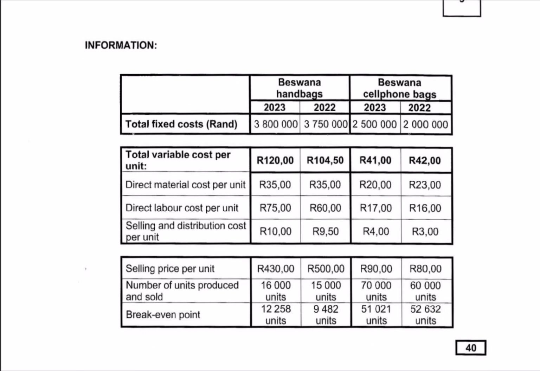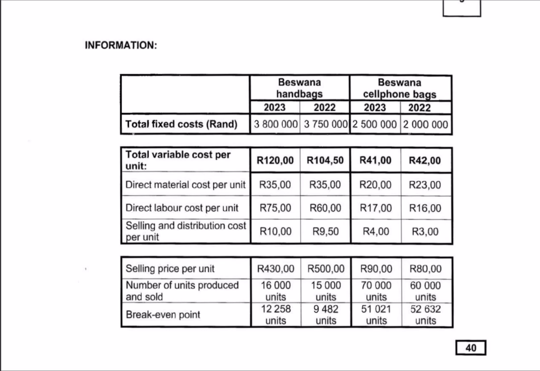Fixed cost is 3,800,000. Then cost per unit, total variable cost per unit, direct materials cost per unit, direct labor cost per unit, then selling and distribution cost per unit, then selling price per unit, number of units produced and sold, then break-even point.